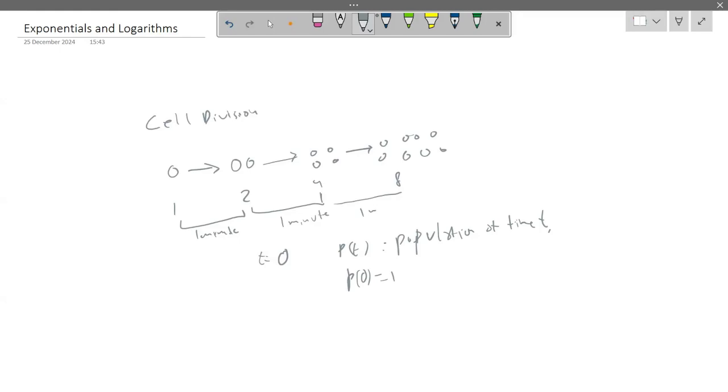After 1 minute has passed, we have 2 cells, which means P(1) is equal to 2. And then P(2) is equal to 4. P(3) is equal to 8, and so on.